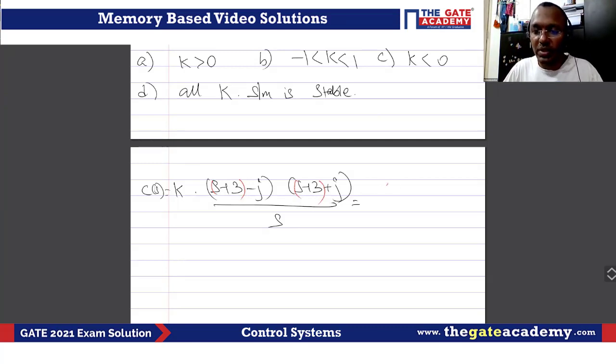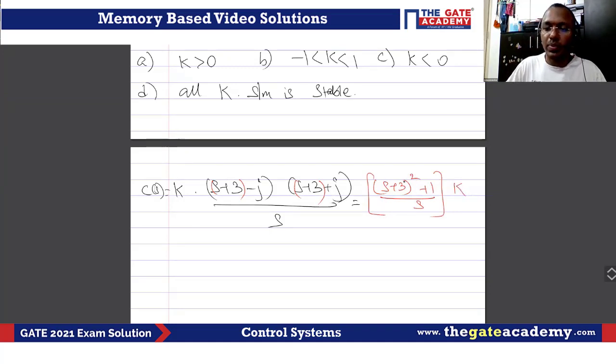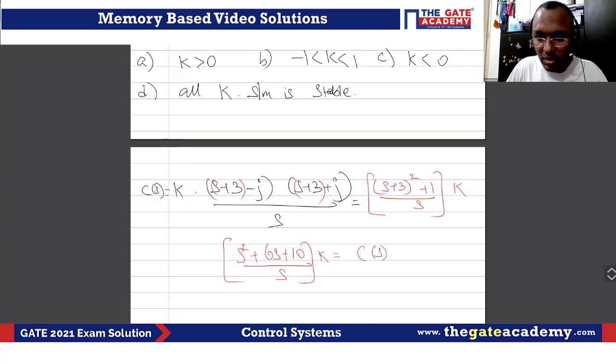So this can be written as (S plus 3) the whole square plus 1 divided by S, the whole thing into K. S plus 3 the whole square will give me S square plus 6S plus 9, plus 1 will give me 10, divided by S into K. This is my C of S.